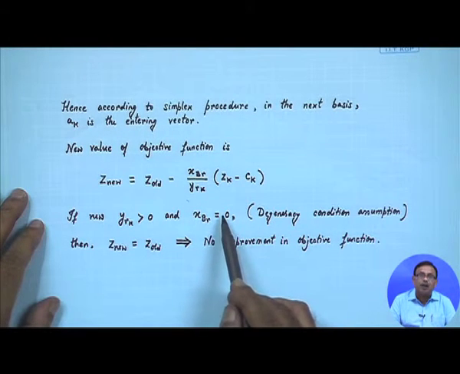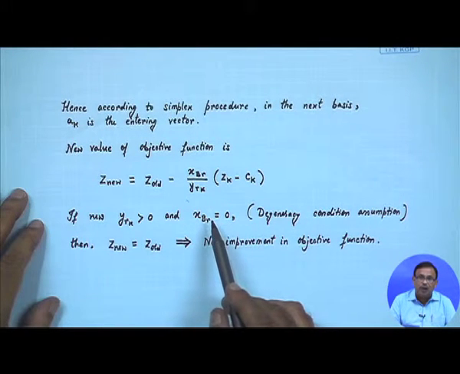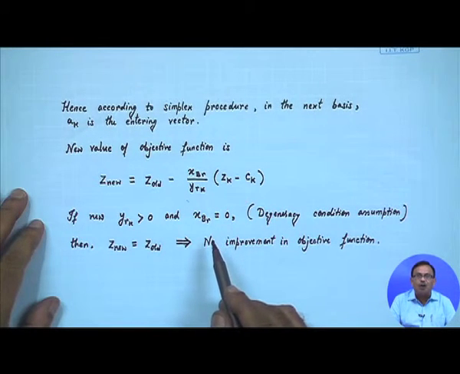x_Br is the element in the basis, which is 0, because we have assumed that whenever degeneracy occurs in the basic feasible solution, one basic vector has value 0.